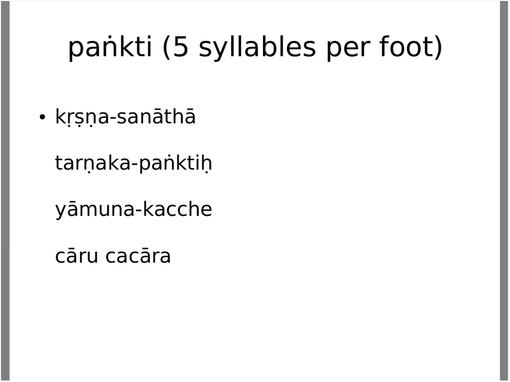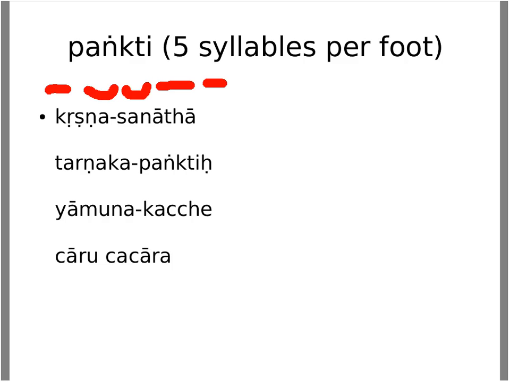Now on this one, I'm going to draw in the scansions here. Sorry, that's actually not right. That is Krishna Sanata. It's long, short, long, long. Every line is following the same pattern.